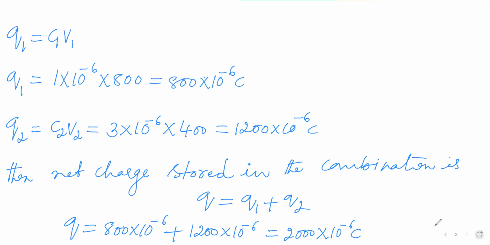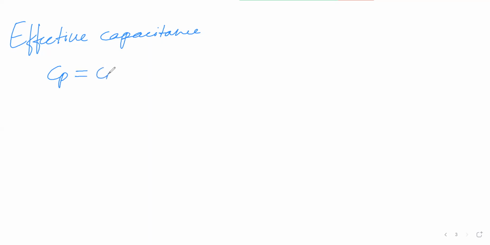Now the effective capacitance when they are in parallel connection is Cp equals C1 plus C2.